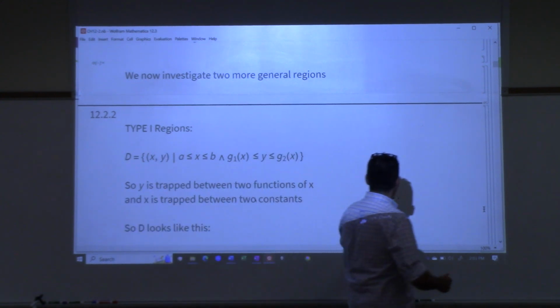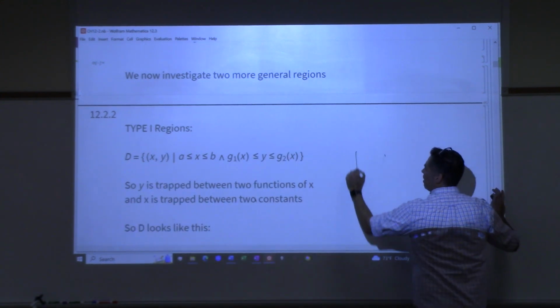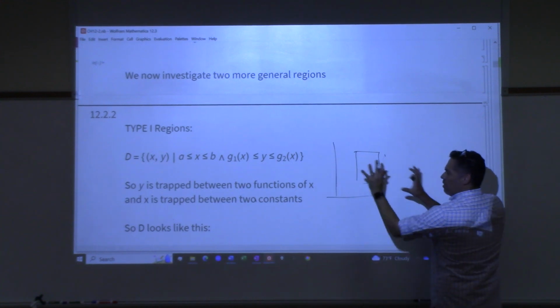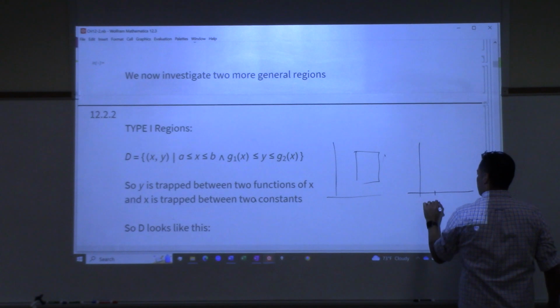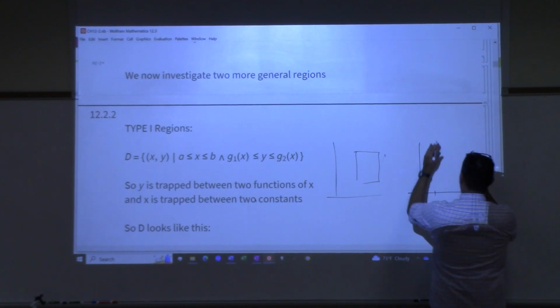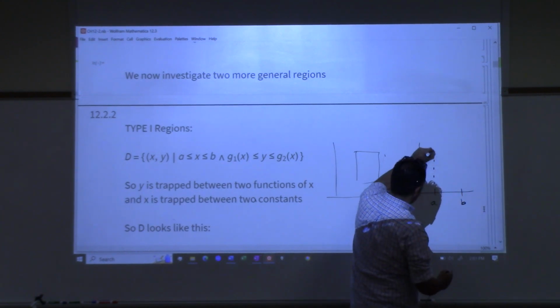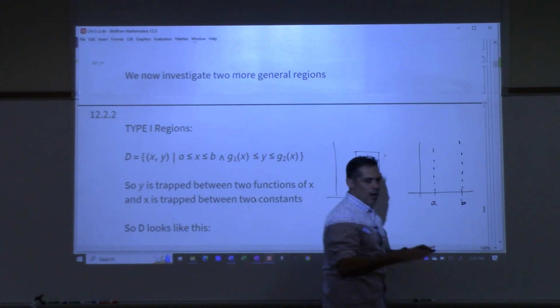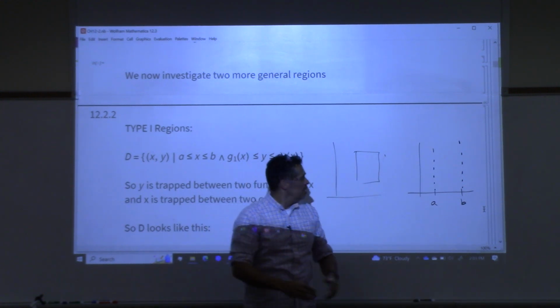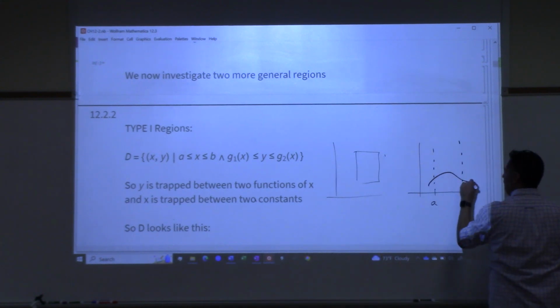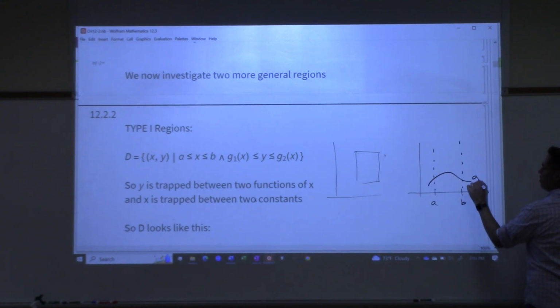So we're talking like this. We're looking at the ground, right? So instead of having a rectangle on the ground, what we have is this. Our x's are trapped between two constants, so our x's are trapped between here and here. But our y values are actually stuck between two functions of x, which means that we have some function of x like this. Let's call that g sub 1.